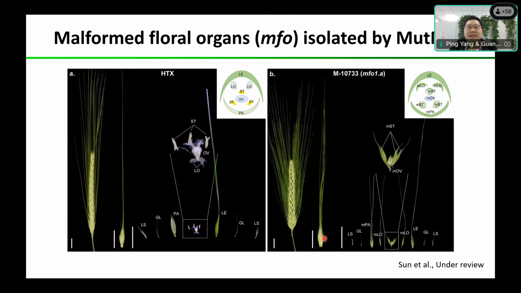All the floral organs become lemma-like. For instance, the three stamens are converted into lemma-like structures. We cloned this gene using the MutMap approach.